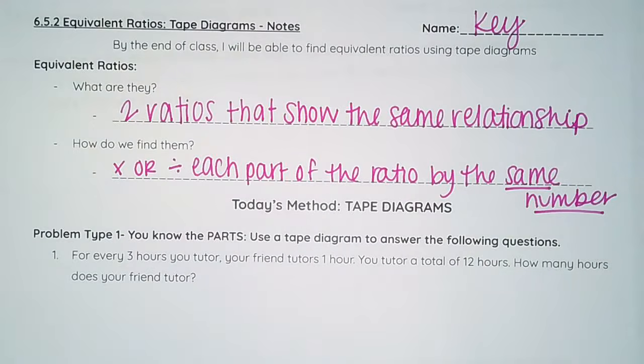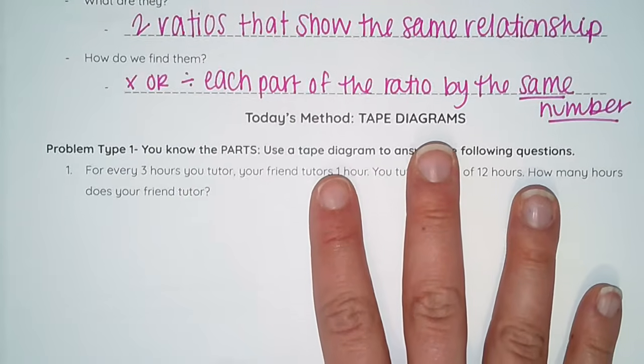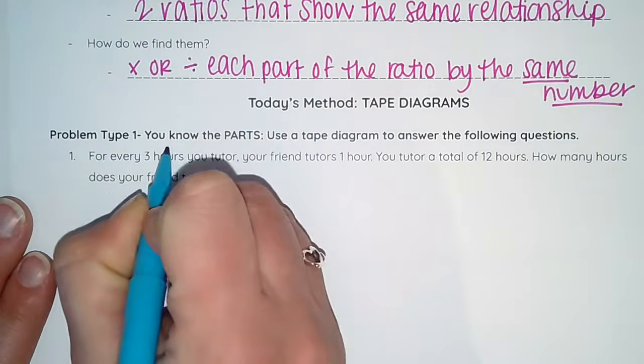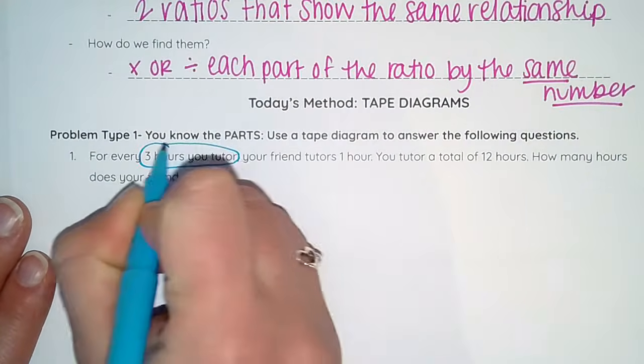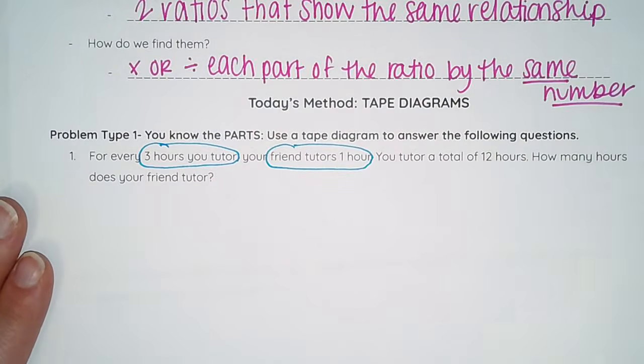It says for every 3 hours you tutor, your friend tutors for 1 hour. You tutor for a total of 12 hours. How many hours does your friend tutor? So you are comparing the amount of hours you tutor to the amount of hours your friend tutors.